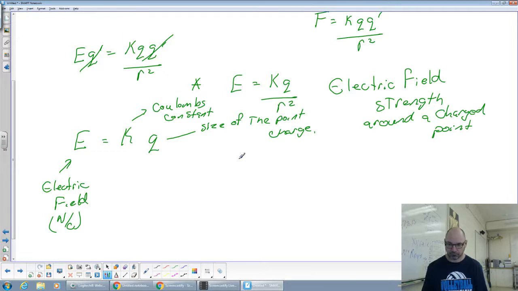And R is the distance between the test charge and the point charge, or the distance that you're away from that point charge, wherever you are, if you're testing for the field strength.